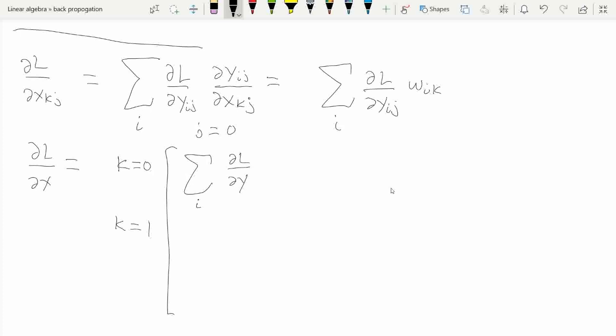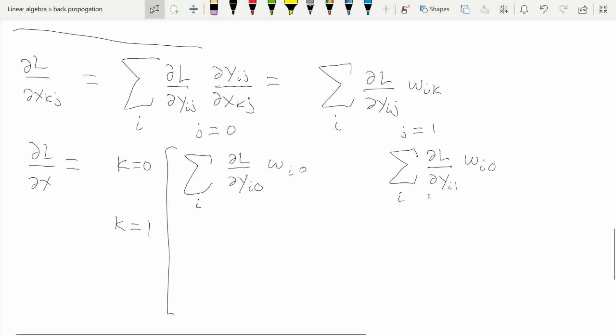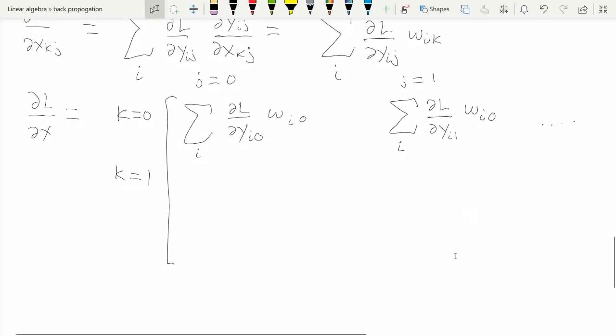And then for the next entry, j is now 1, so we get the sum over i of the partial of L with respect to y_i1, times w_ik, which is 0, so i0, and so on.